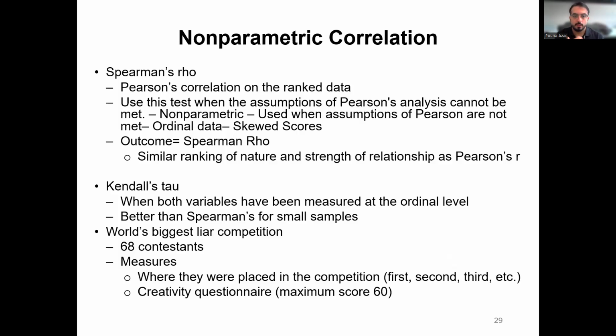Let's say our data is ordinal or the assumptions are not met for Pearson's correlation. We can use Spearman's rho. For Kendall's tau, whenever both our variables are ordinal, we should use Kendall's tau. And it is better than Spearman's rho for small samples.